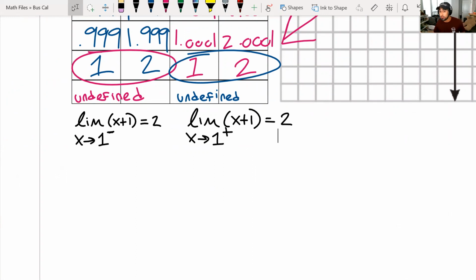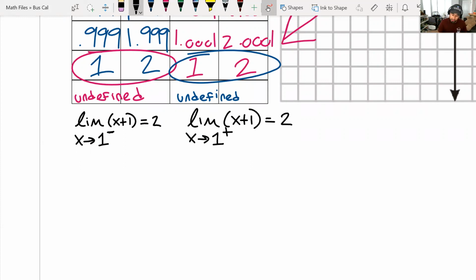The limit from the right is 2. So what we say is that if the left-hand limit and the right-hand limit are equal, then the limit from both sides of a number must also be 2.